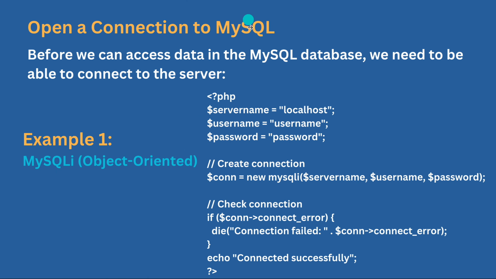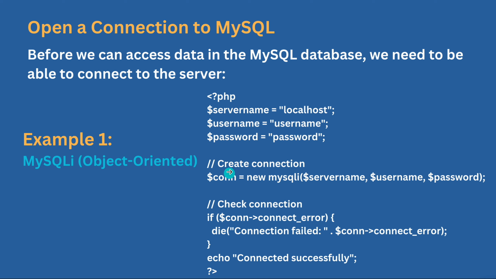The script you see, I have server name, username and password. Three pieces of information are needed to connect with the server. Then I am creating a new connection. If I am using this object oriented approach of MySQLi, I should use new MySQLi, then server name, username, password.